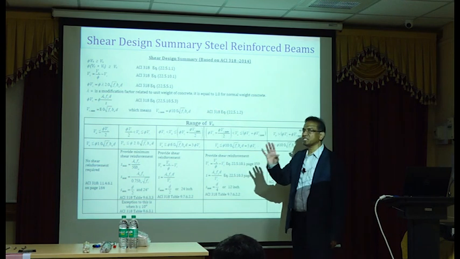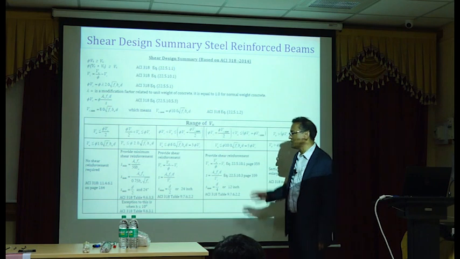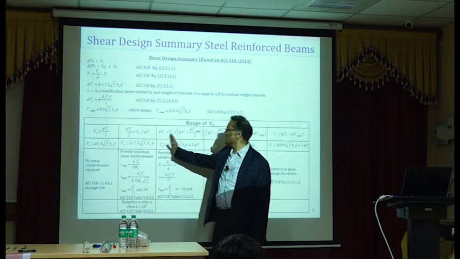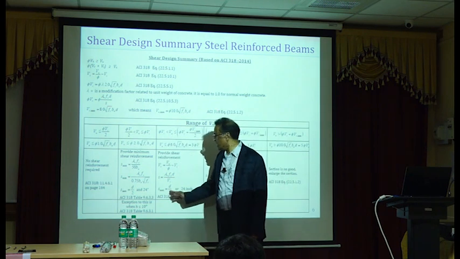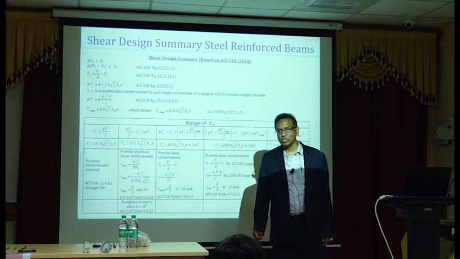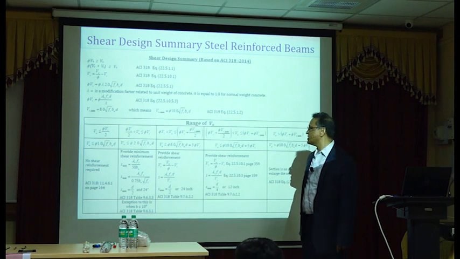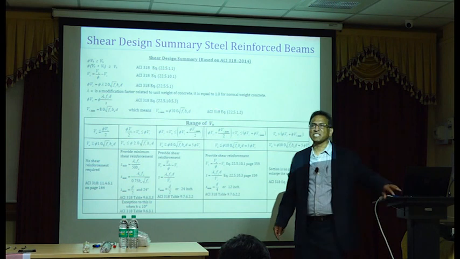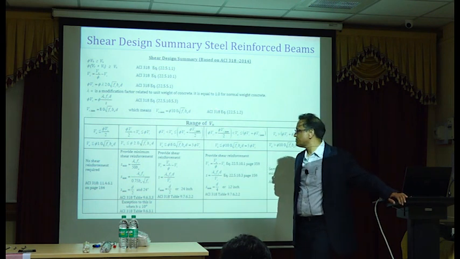That's the maximum spacing of the stirrups. If it is not as severely stressed from a shear point of view, then S max is D over 2, effective depth over 2, and also there is a 24-inch limit, which is 600 millimeter approximately.